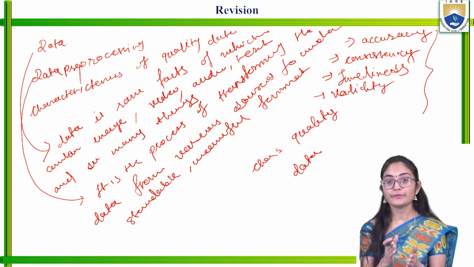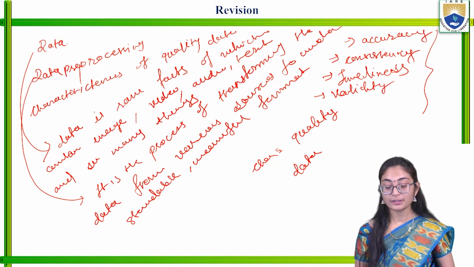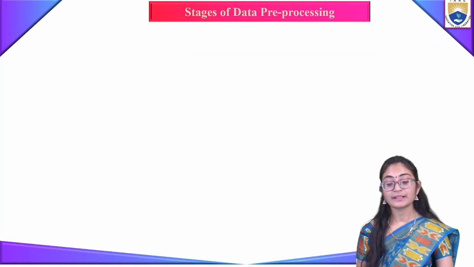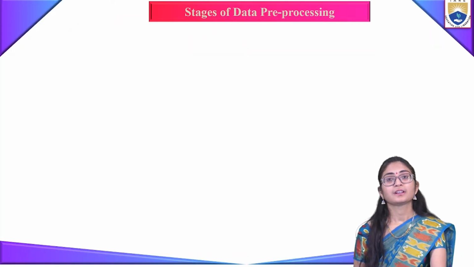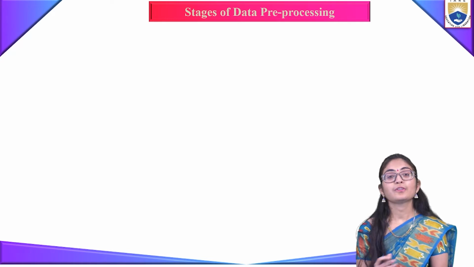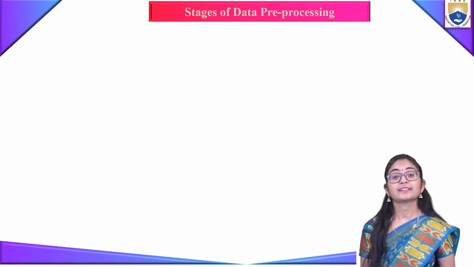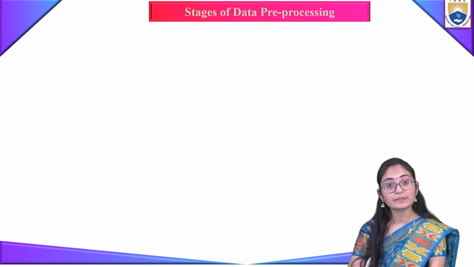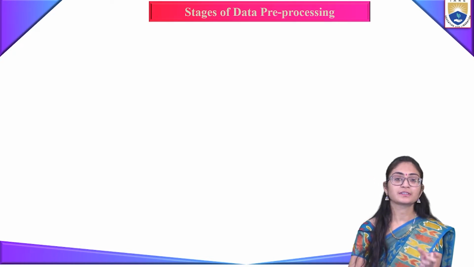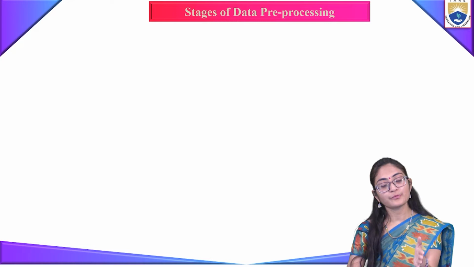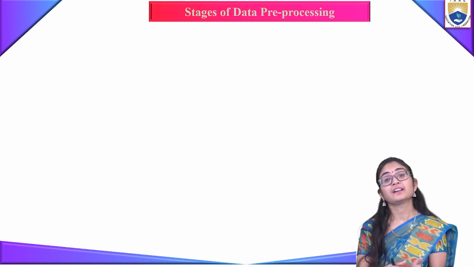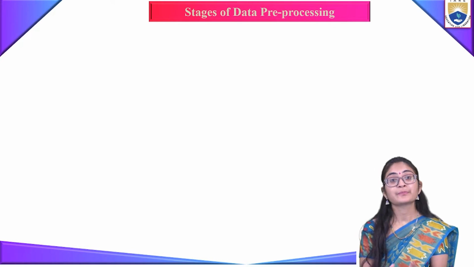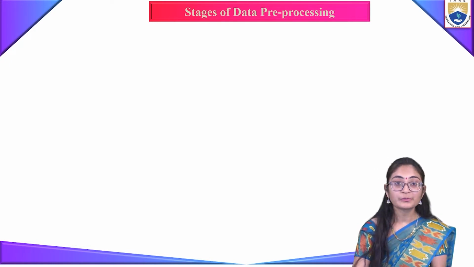Now we will move forward. We will see the next five stages of data pre-processing. We already know what data pre-processing is. It is the transferring of the data from various sources to an understandable, meaningful format.